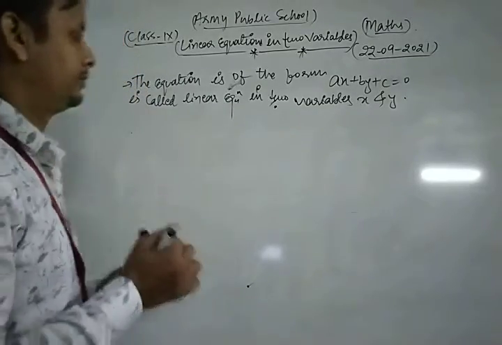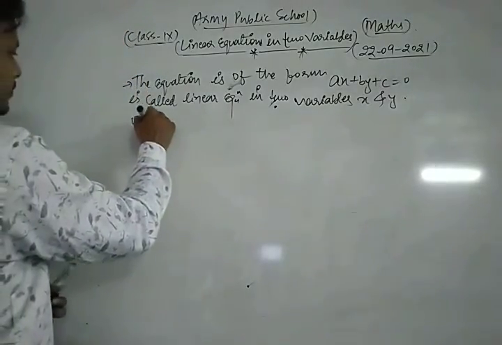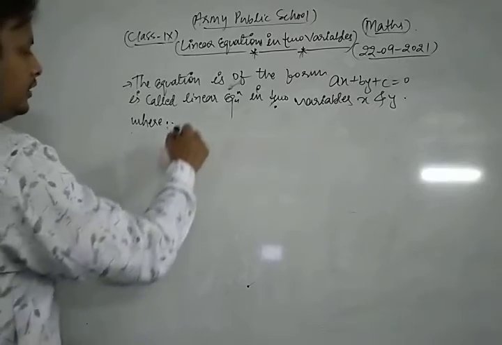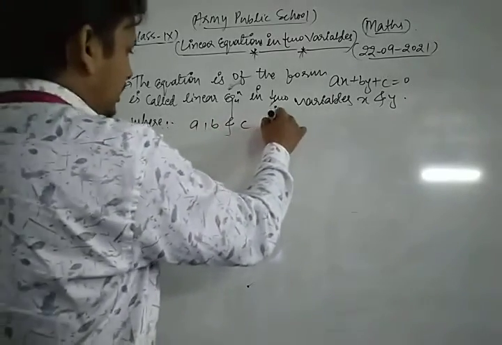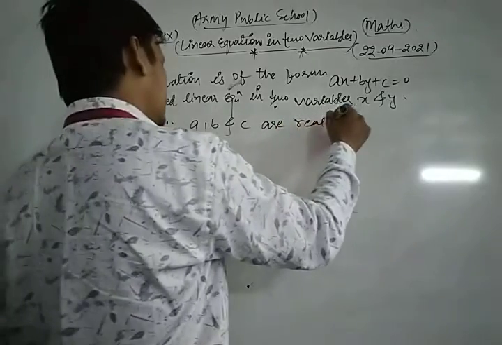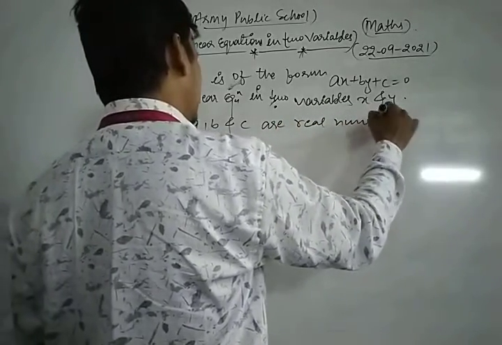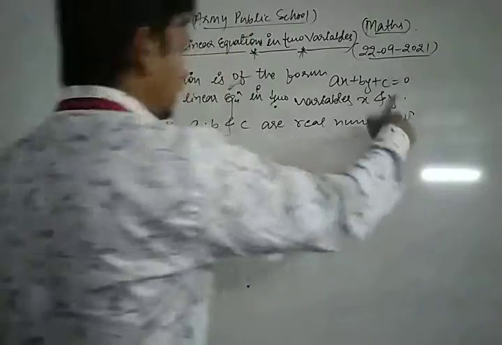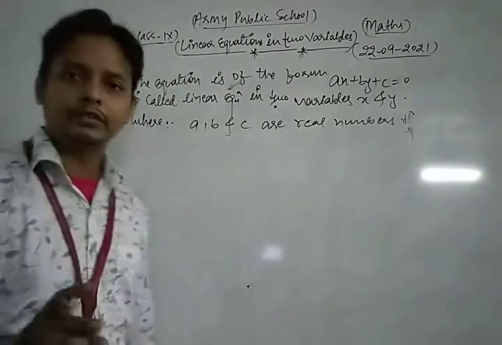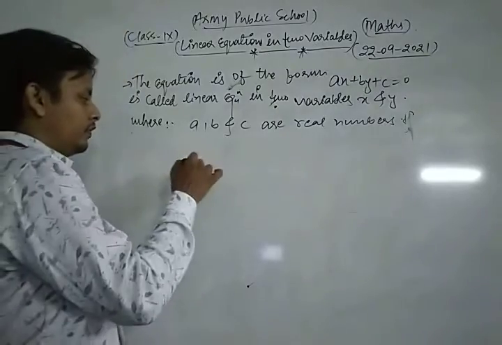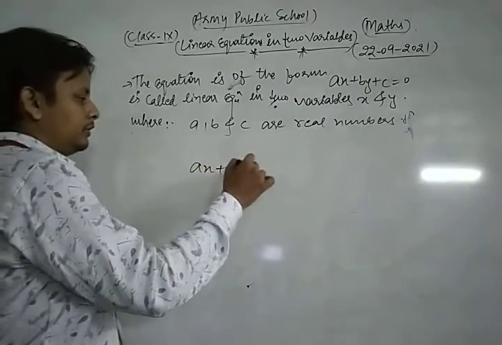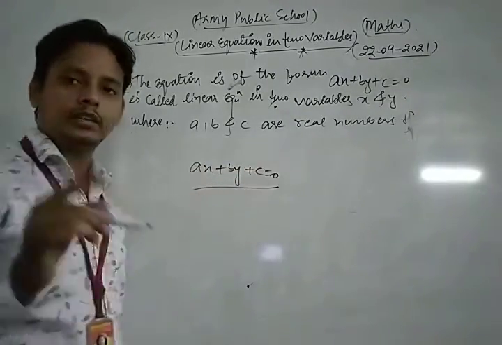Here a, b and c are real numbers, any real numbers, and x and y are variables, you know that. If any equation is written in the form ax plus by plus c is equal to 0, it is called a linear equation.